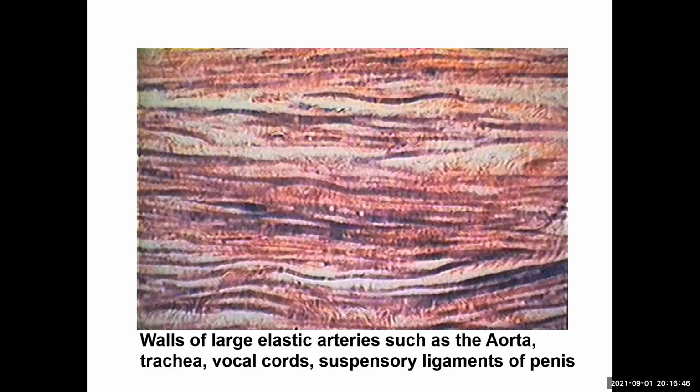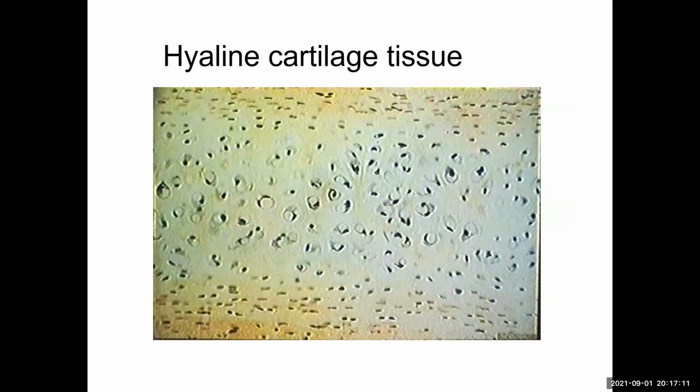So they can compensate for the changes in blood volume and blood pressure. So like the aorta, okay, brachiocephalic artery, the subclavians, okay? You'll also see it in your trachea, right? Your voice box, or actually, excuse me, the vocal cords. So you'll see this in places that you need to have stretch and recoil.